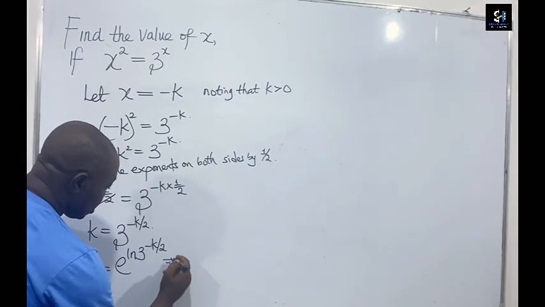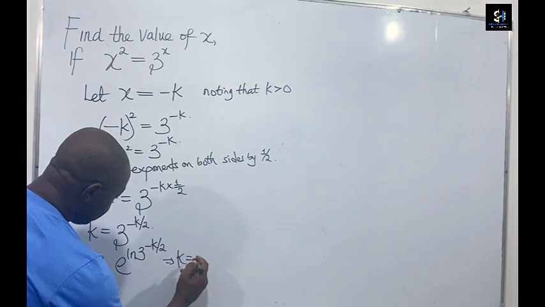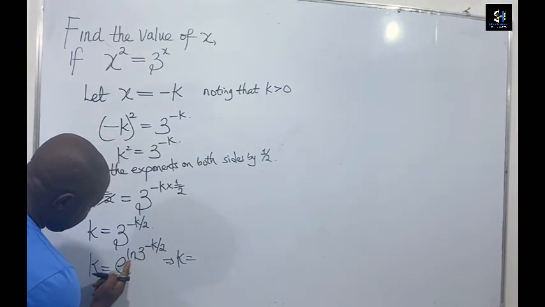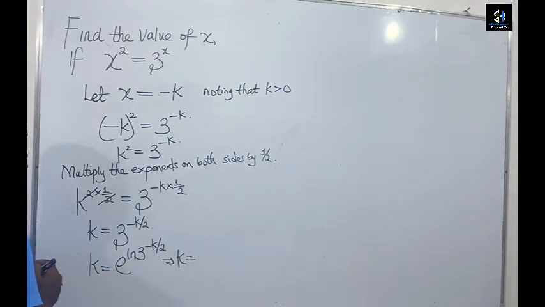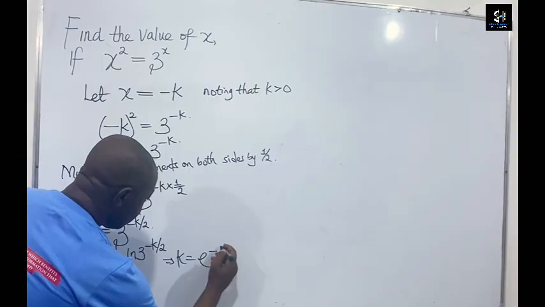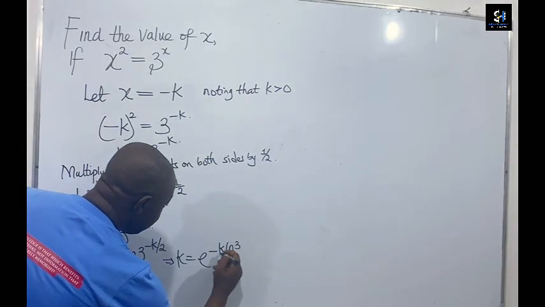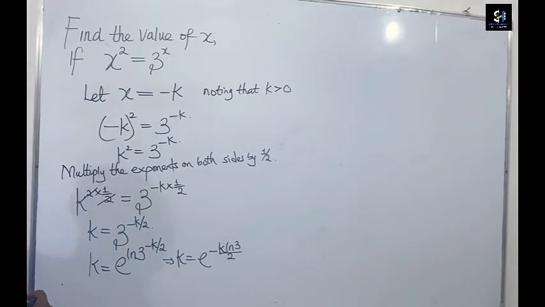So I'm going to bring this down, and this will be e raised to the negative k ln 3 over 2.